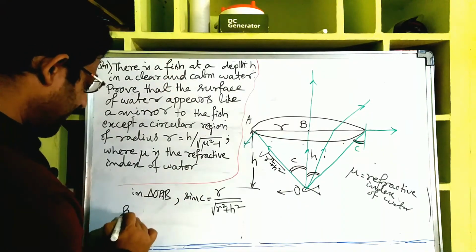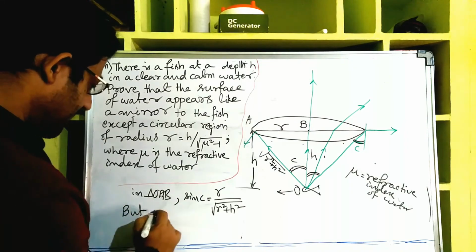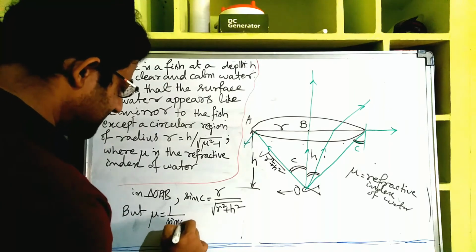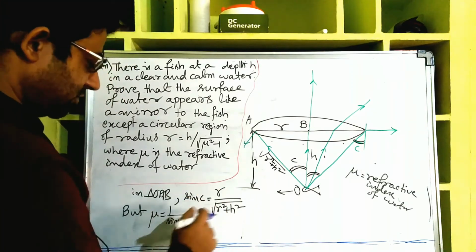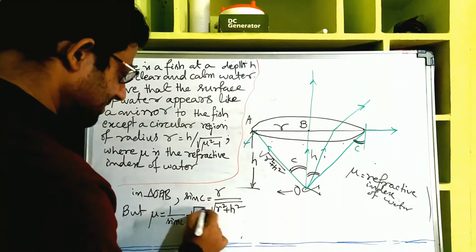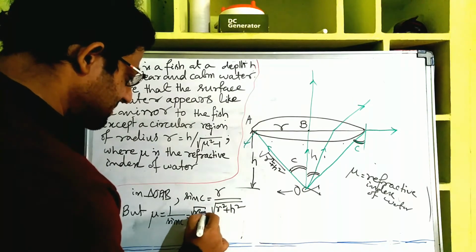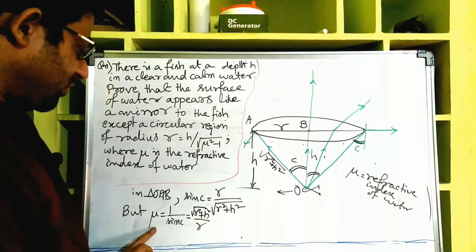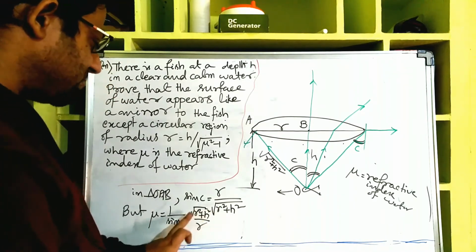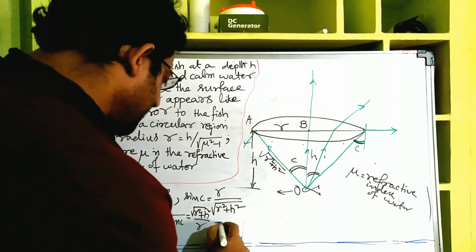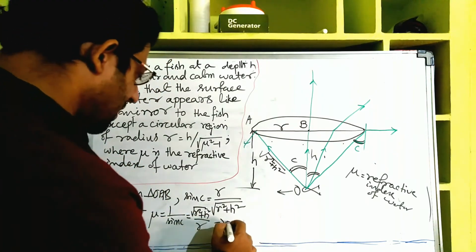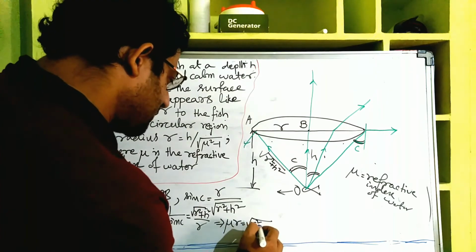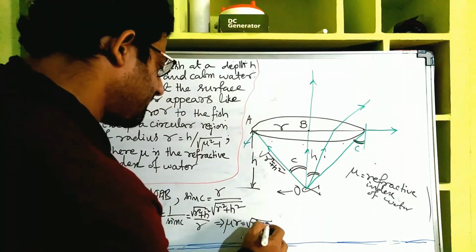But we have already derived that mu is equal to 1 divided by sin C, that is root under R square plus H square divided by R. So mu R is equal to root under R square plus H square.